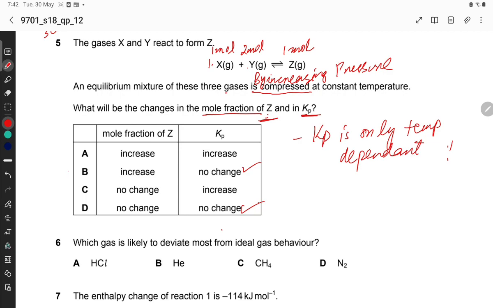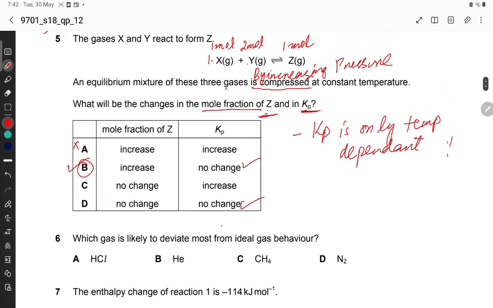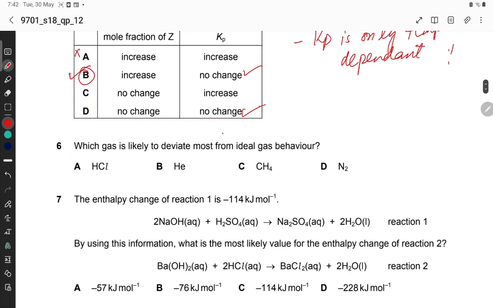So this is the best option. Mole fraction of Z will increase because there are more particles of gas on the reactant side, and products are increased, yield is increased, so we can say that mole fraction of Z is increased.